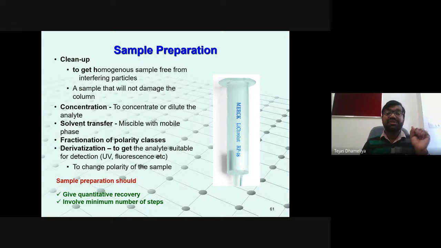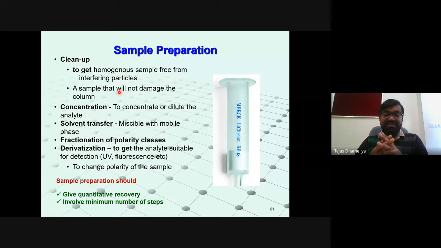The solvent in HPLC is completely different from a normal solvent. We have to dissolve the sample in that solvent so that it is homogeneous and free from interfering particles, because these particles can block the small column of HPLC.